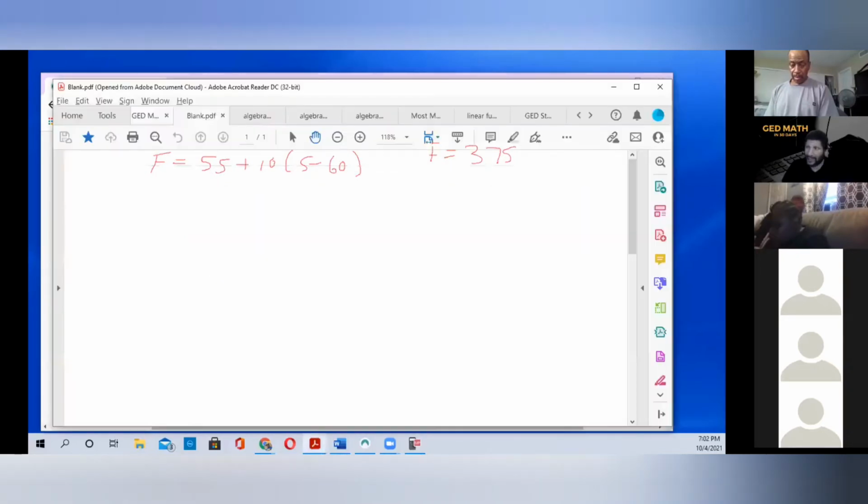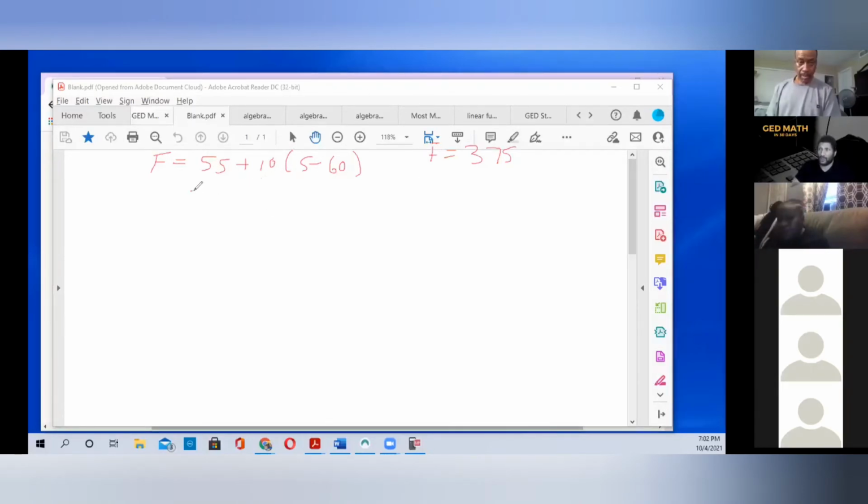Again, you identify what you know. So they gave us a formula. You identify what they gave us. They told us the fine, which was F, was 375, and they want to solve for S. So how can we solve this equation for S? First of all, we have 2 terms on this side of the equation. We have 55, and we got this one big term.